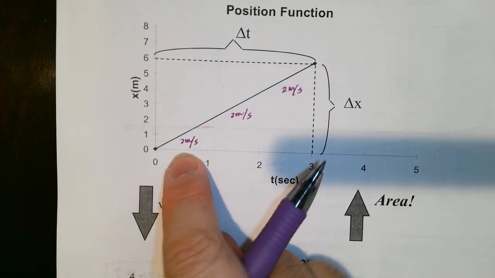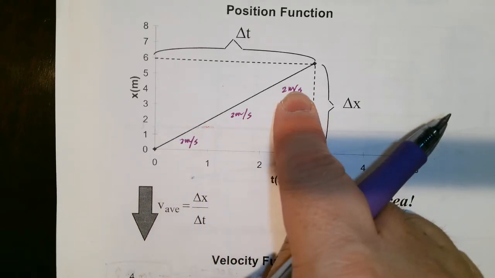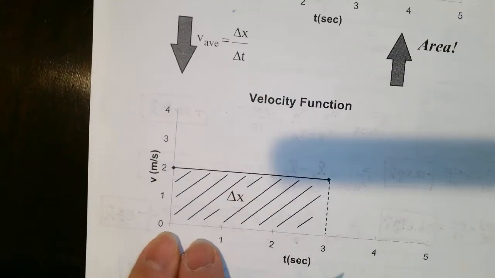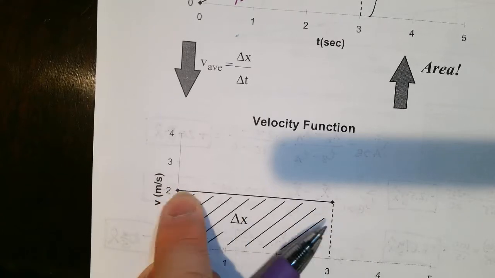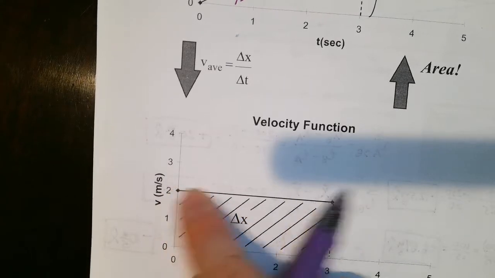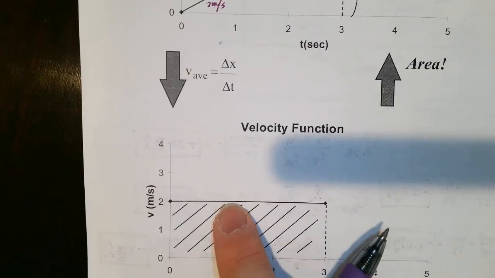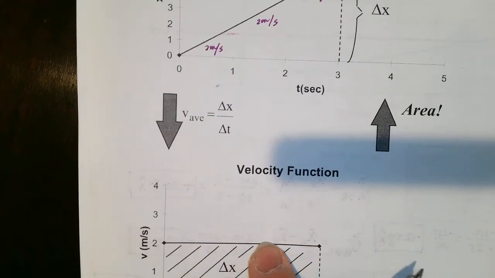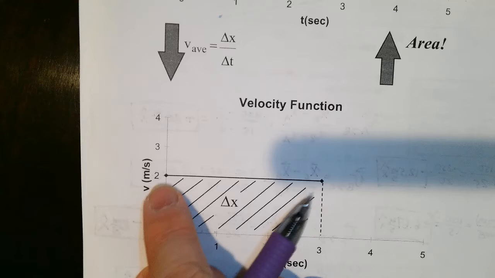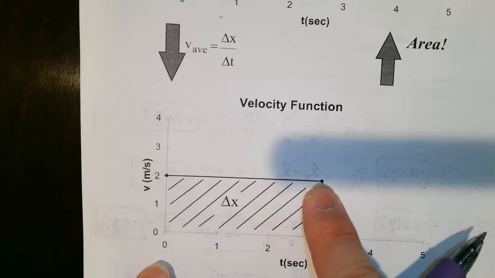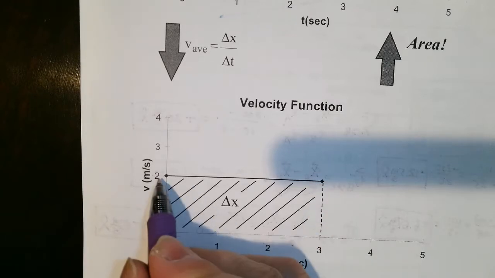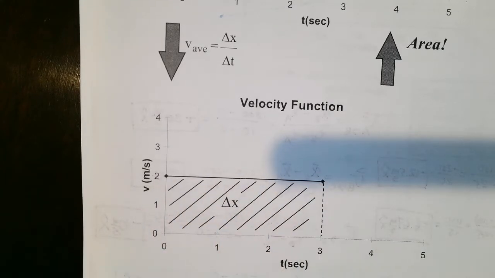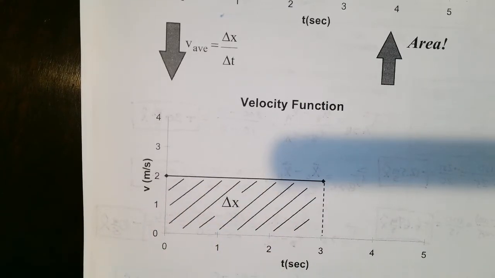So if I were to graph the slope values versus time, 0 to 1 second is 2, 1 to 2 seconds is 2, 2 to 3 seconds is 2. So it is just a constant slope value of 2 meters per second from 0 to 3 seconds. That is my velocity versus time function.